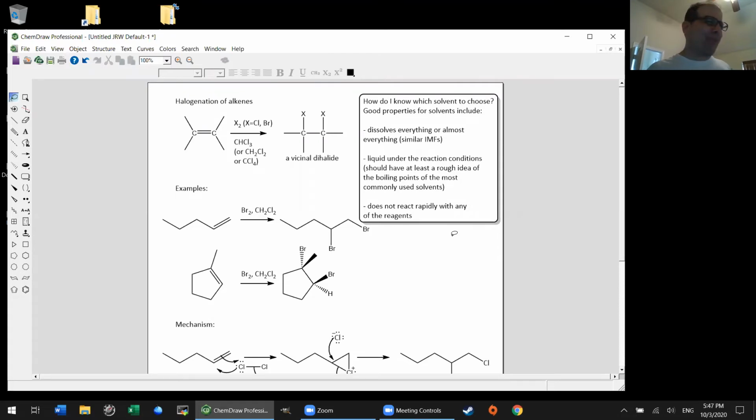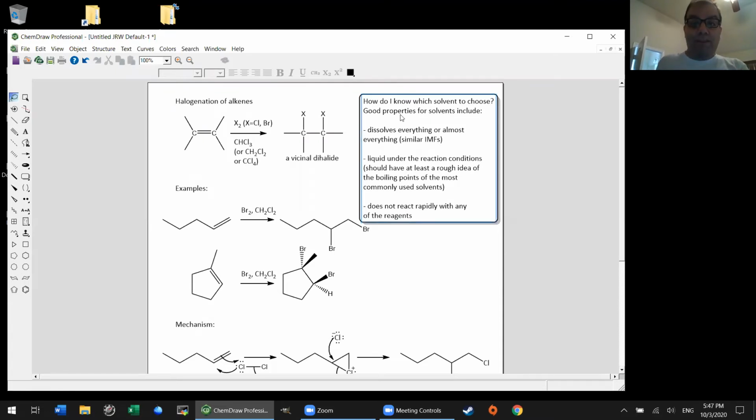And it's not like we're going to be using 100 different solvents. There's probably going to be 5 or 6 that are the main ones we use in almost every case. So these here are not the only desirable properties for solvents, but they're probably the main ones.